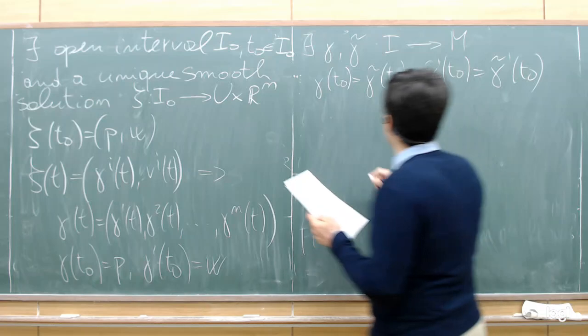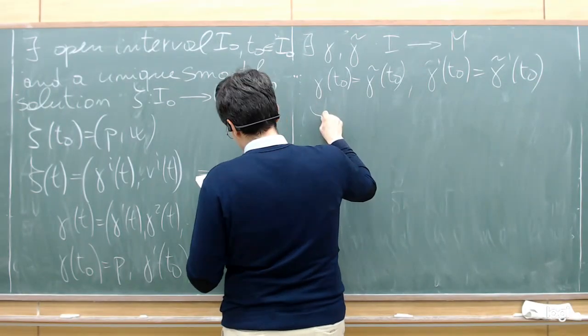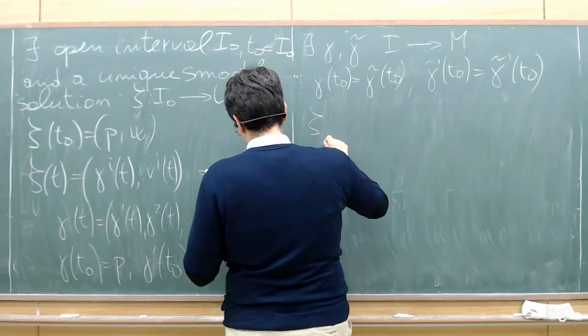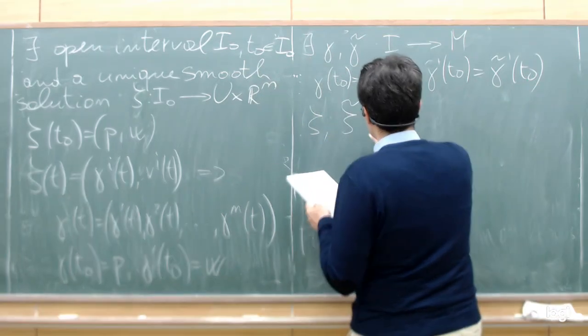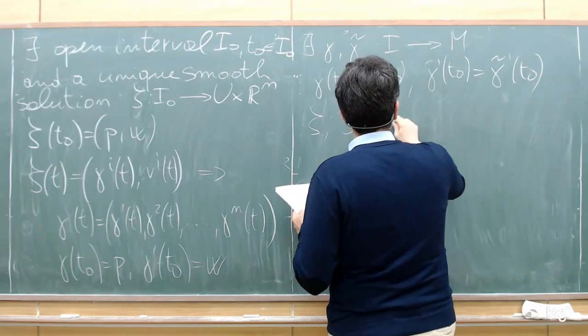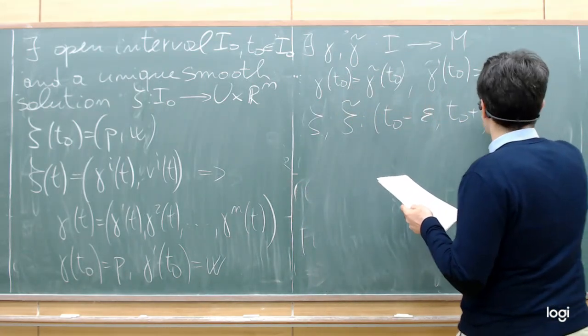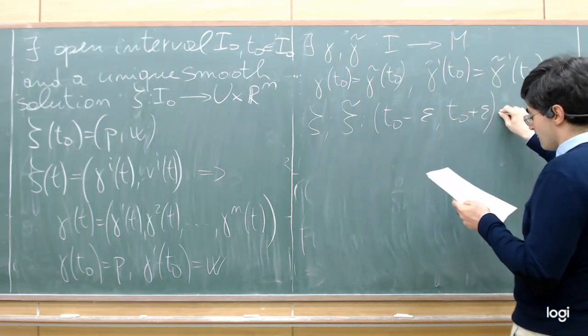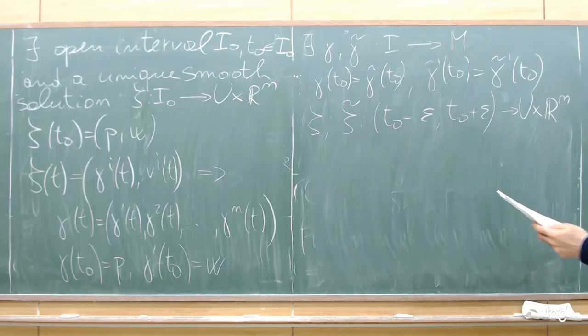We can define zeta and zeta tilde from (t0 minus epsilon, t0 plus epsilon) with values in U times R^n, exactly as before.